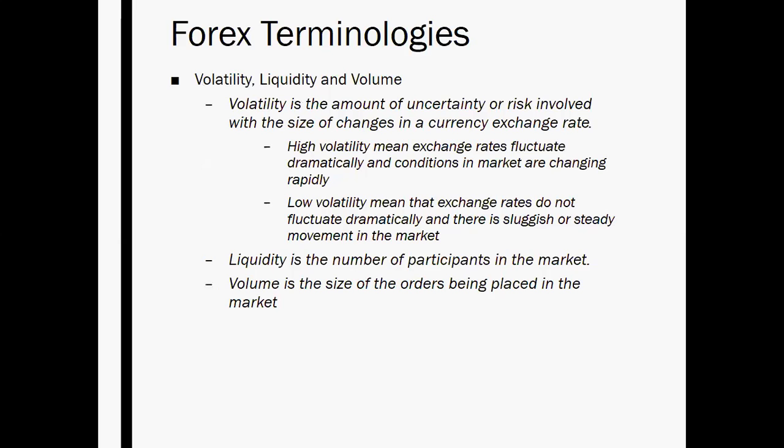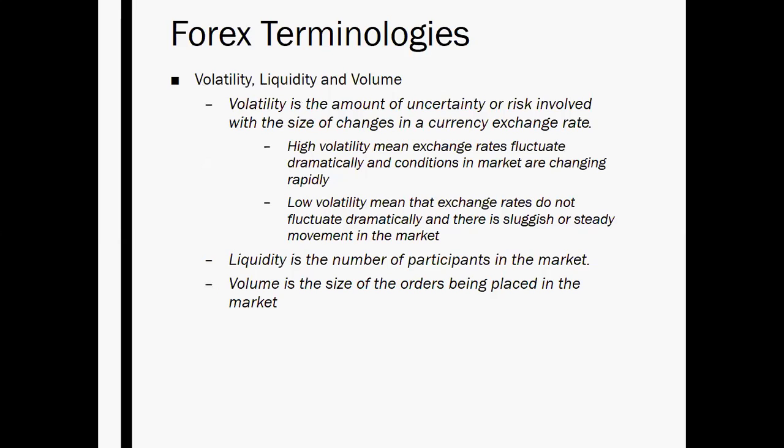We have volatility, liquidity, and volume. Volatility is simply the amount of uncertainty or risk involved in trading. And let me give a disclaimer at this point. Trading is very risky, and the reason why it is very risky is because of the volatility. The forex market has high volatility, and this means there is a high amount of uncertainty, high amount of risk involved.